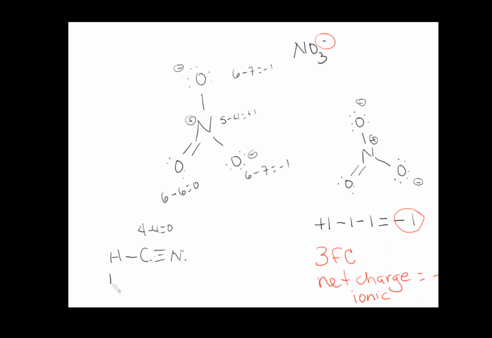Hydrogen brought 1 to the party, and it still owns 1, so it's neutral. And nitrogen brought 5, and it still owns 5, so it's neutral. So is this thing ionic? No, it's neutral. It is not ionic.